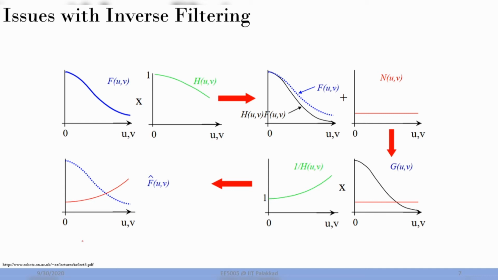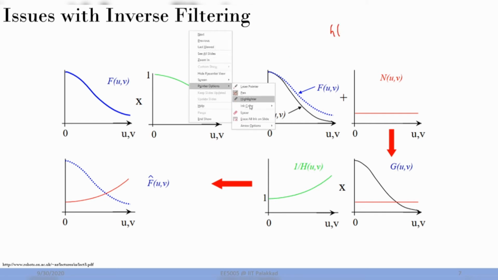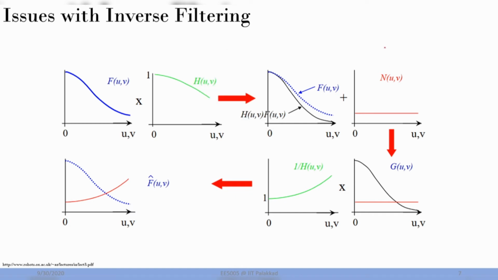So the major problem here is, again let me just reiterate the entire thing, so that it will be easier for you. For the observed signal, let's ignore all these u and v because it's just a coordinate representation, right? So let's put it this way. My observed signal in the Fourier transform, G, is equal to my original image F multiplied by the degrading function H and added with some noise N. Now I am going to do an inverse filter on this, okay.